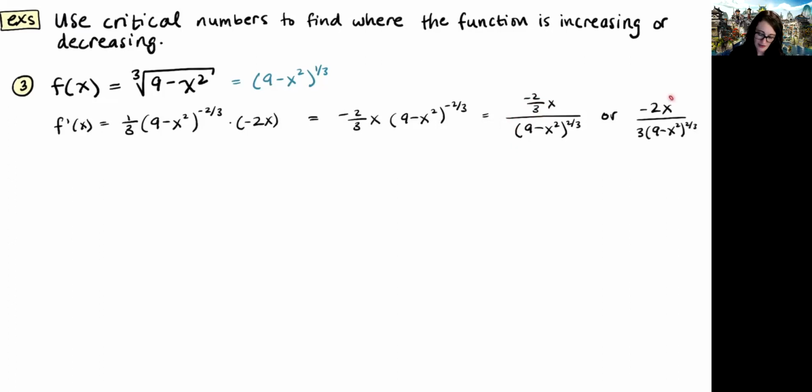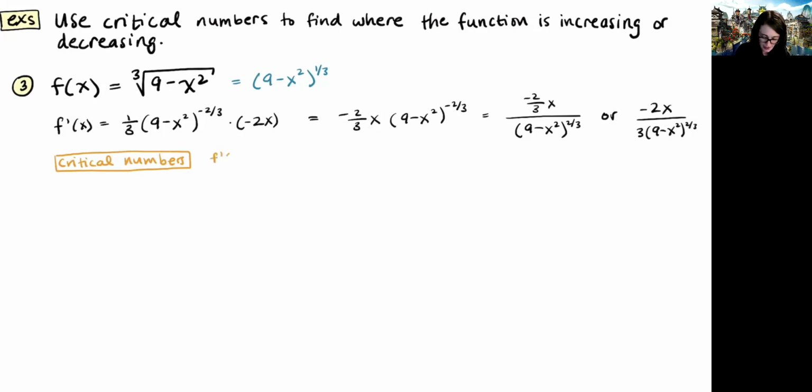I think that this way is a little nicer to look at, so I'll use this representation. Okay, so we want to go ahead and find the critical numbers. Right, these are the possible places where the original function could turn around or change its increasing or decreasing behavior, switching from one to the other.